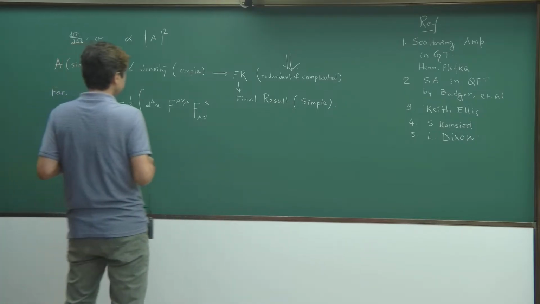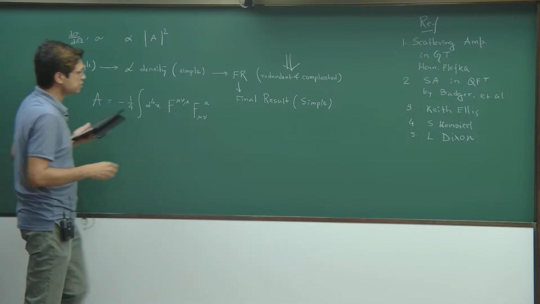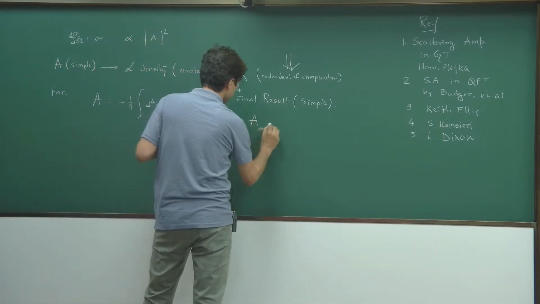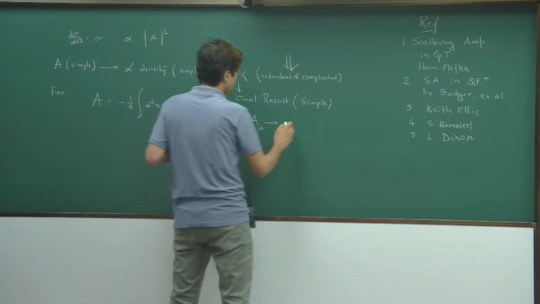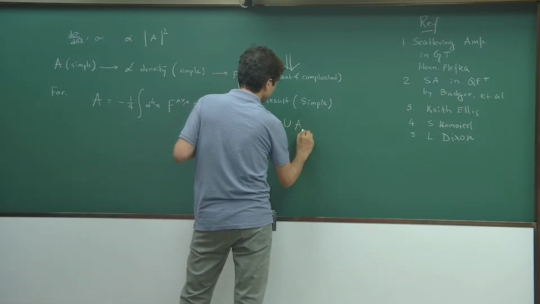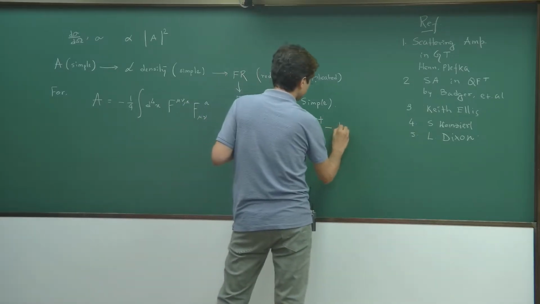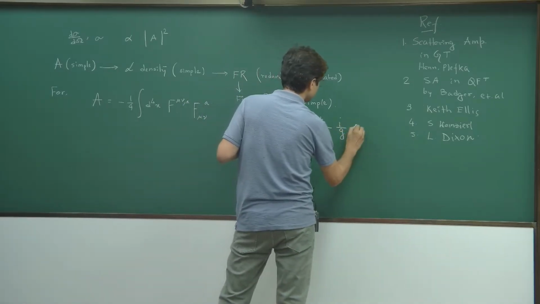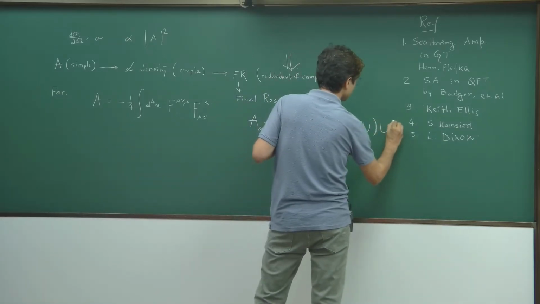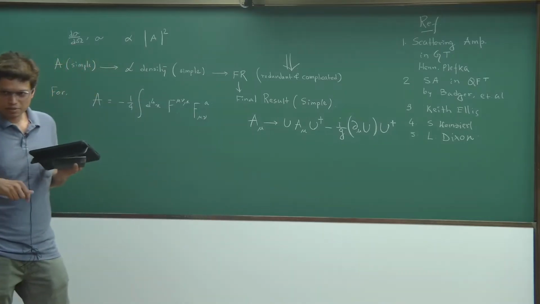Here there is a gauge redundancy, which is basically, if I change A mu to U A mu U dagger minus i by g del mu U U dagger, then everything remains the same, right.